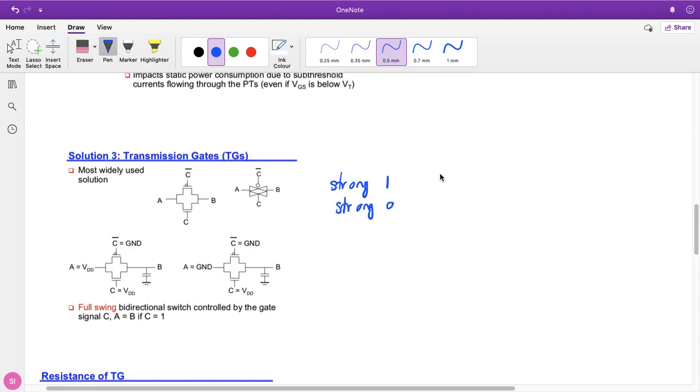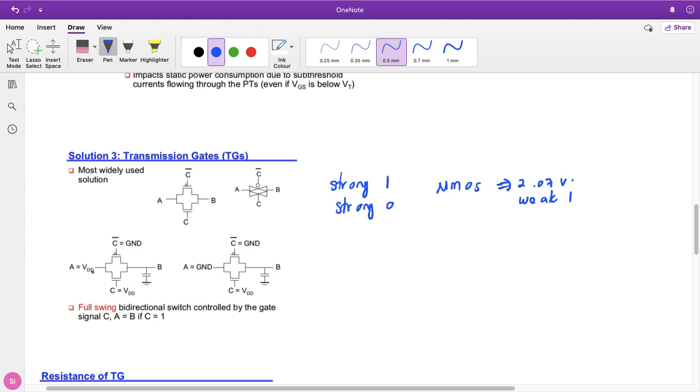With pass transistor logic, whenever the NMOS output is clamped at 2.07, this is called a weak 1. In order to avoid this problem, the transmission gate is introduced. Let's test this example.